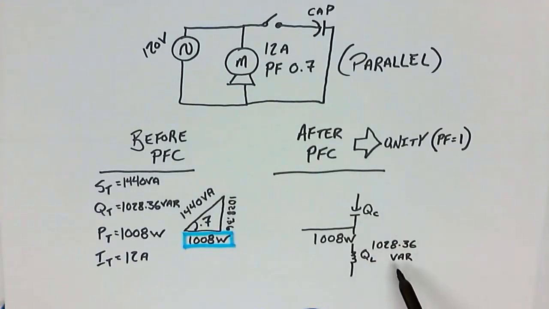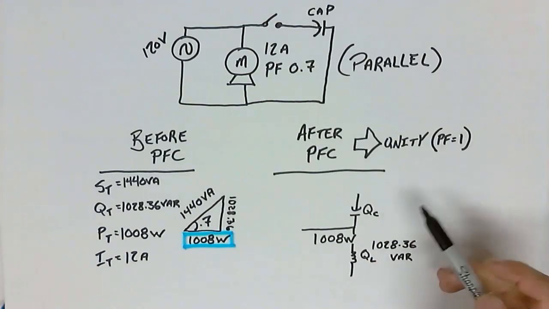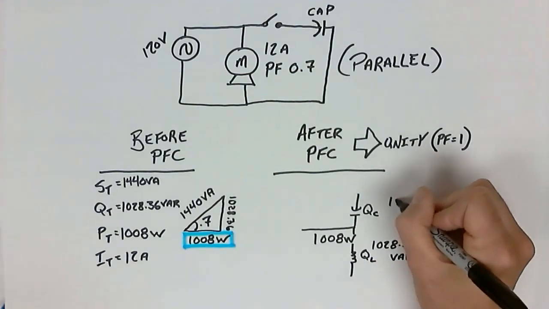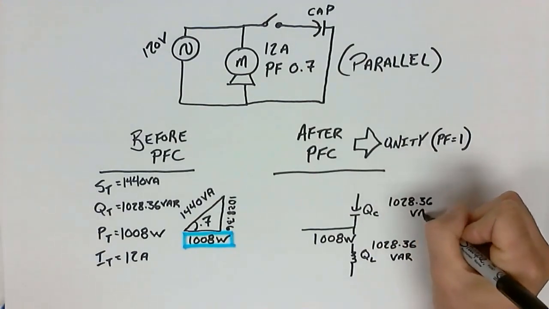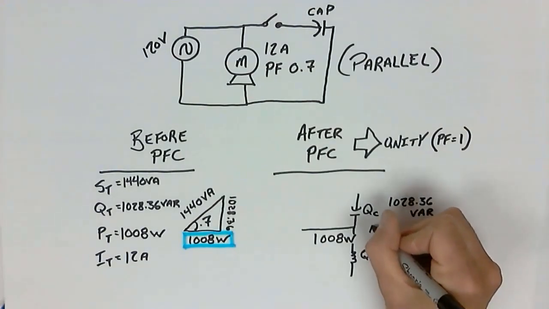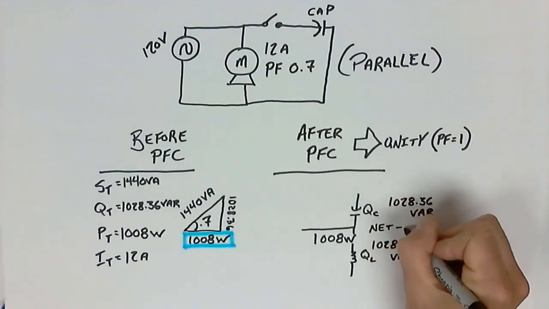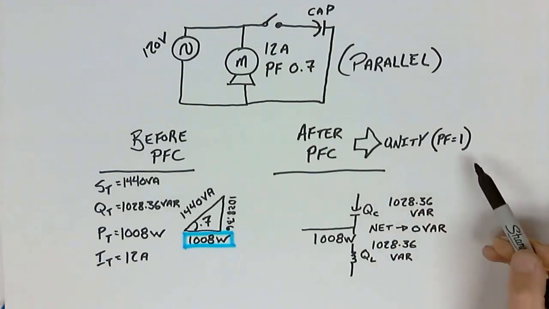That means if I want to power factor correct this to 1, that this must also be 1028.36 VAR. And the reason I know that is because the net outcome of this must be 0 VAR, because we're power factor correcting to unity.